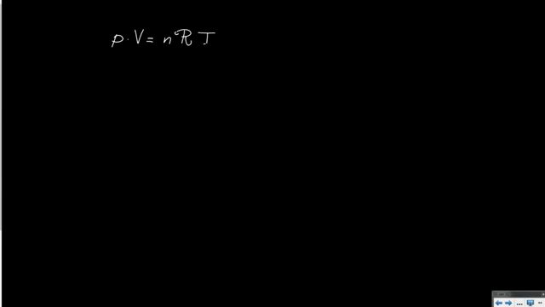This is not exactly the law that we want. We said we want to get rid of the volume and of the number of moles. So if we look at the volume, what other laws do we have with the volume? Well, the density, we know, is mass divided by volume. And this means that we could also write volume as mass divided by density.